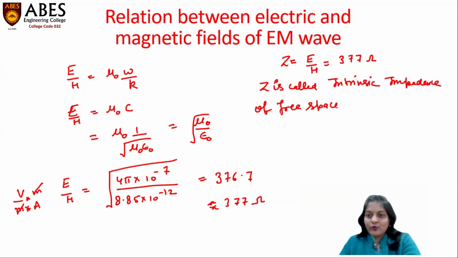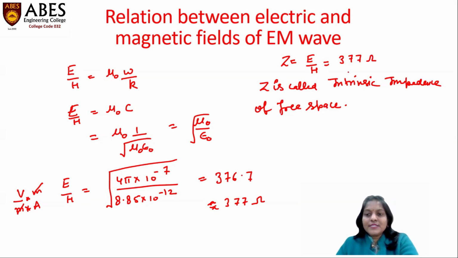Whenever the electromagnetic wave travels in free space, this is the impedance of free space, which is equal to 377 ohm. And this is called the relation between the electric field and the magnetic field vector.